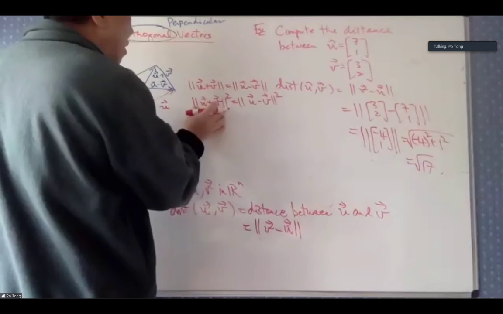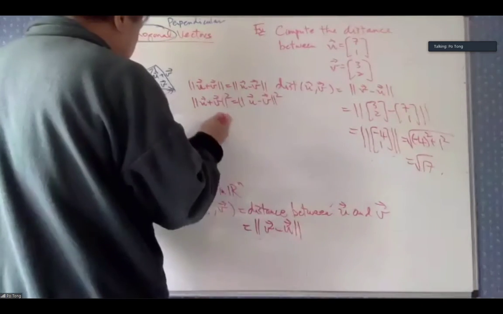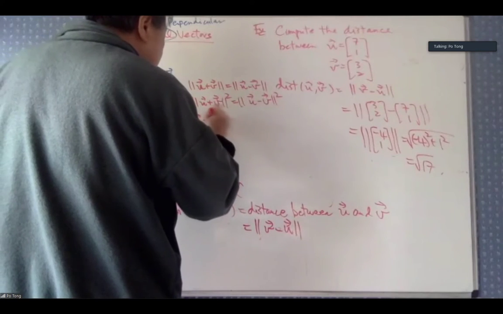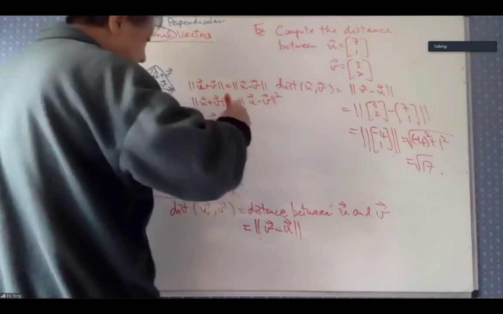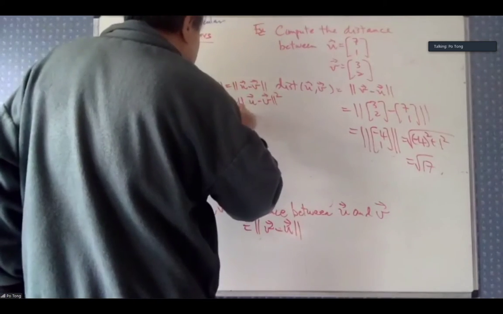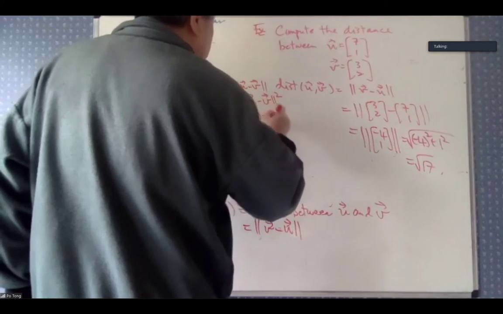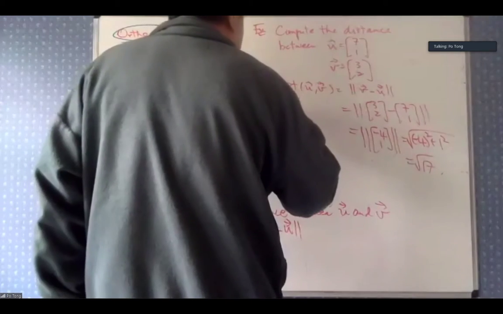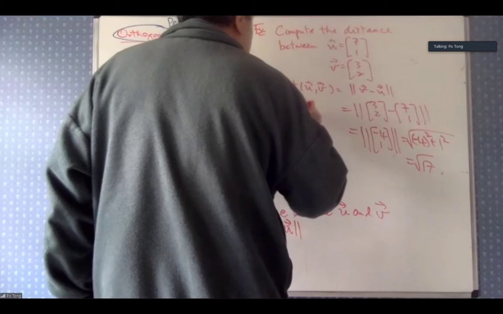The square of the magnitude of a vector is just the vector dot itself. The square of the norm is the vector dotted with itself.